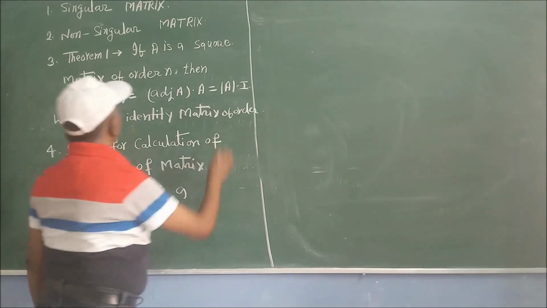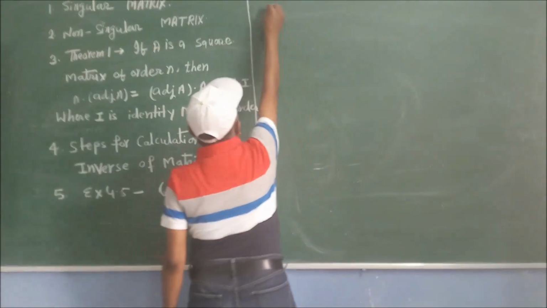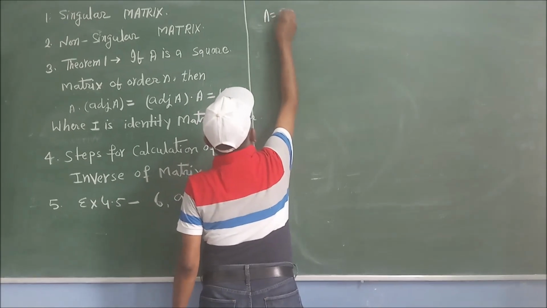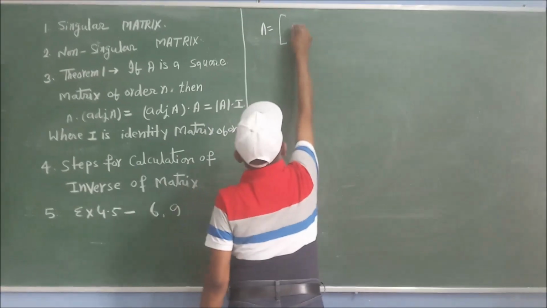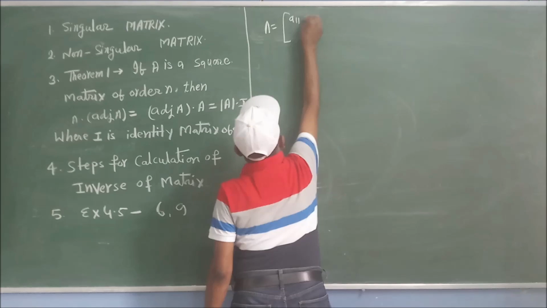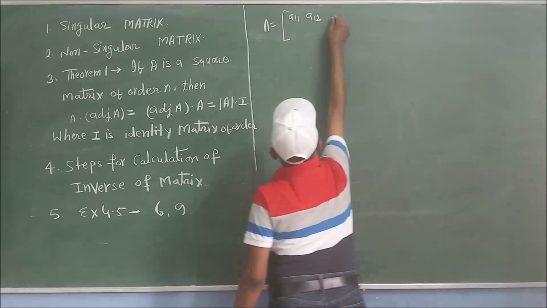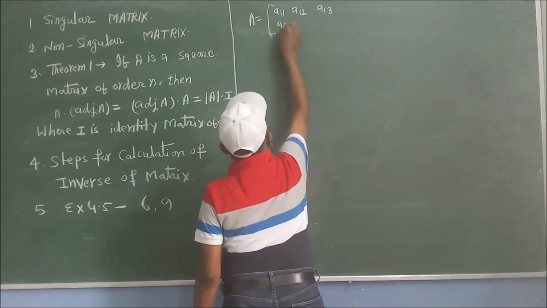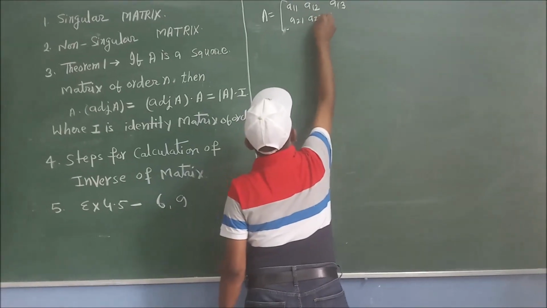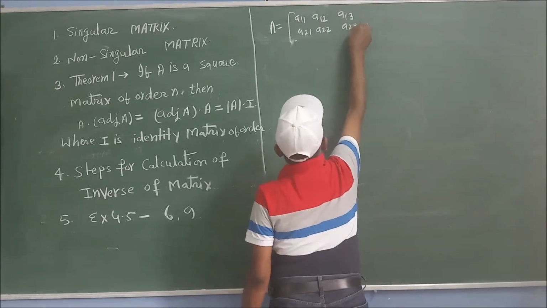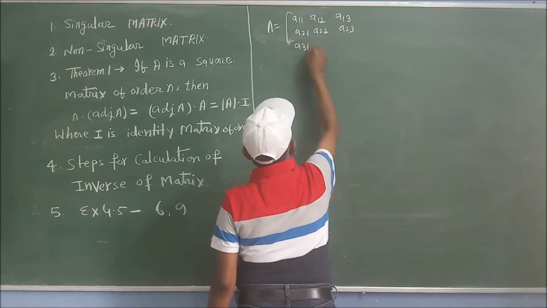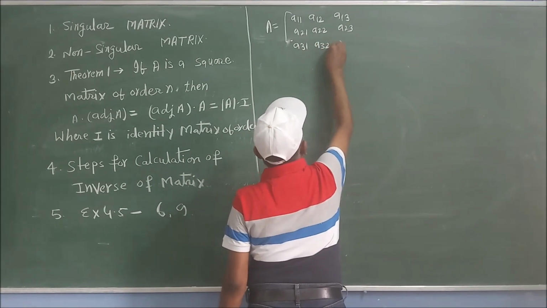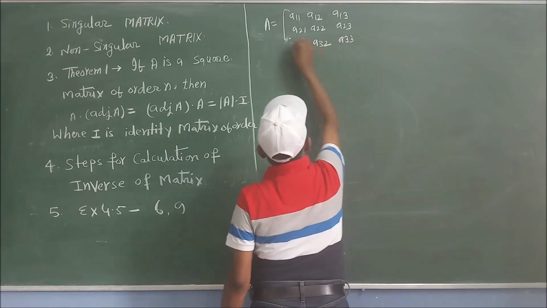To prove this result, we suppose A is a square matrix of order 3 cross 3 and its elements are a11, a12, a13, a21, a22, a23, a31, a32, a33.